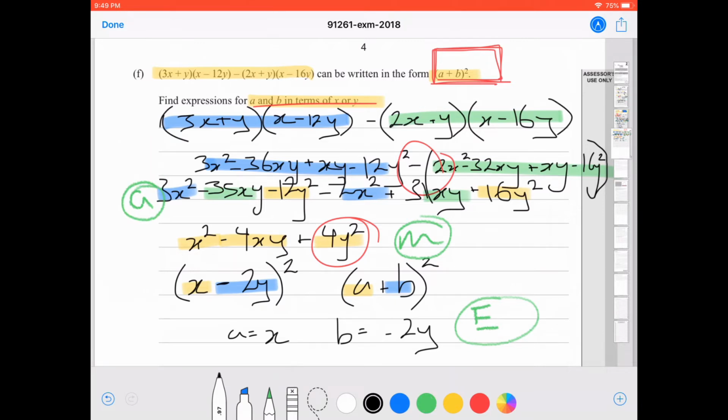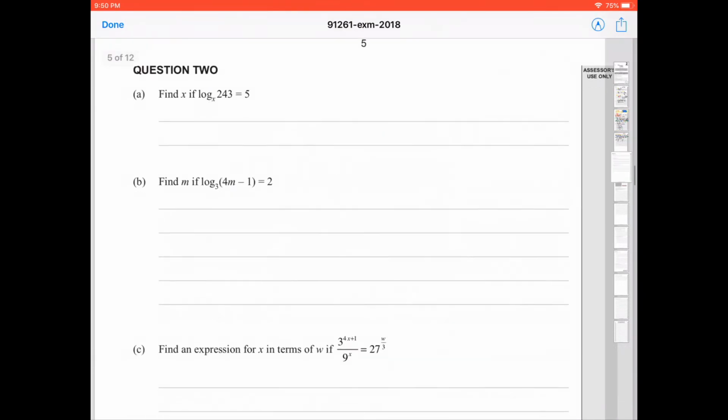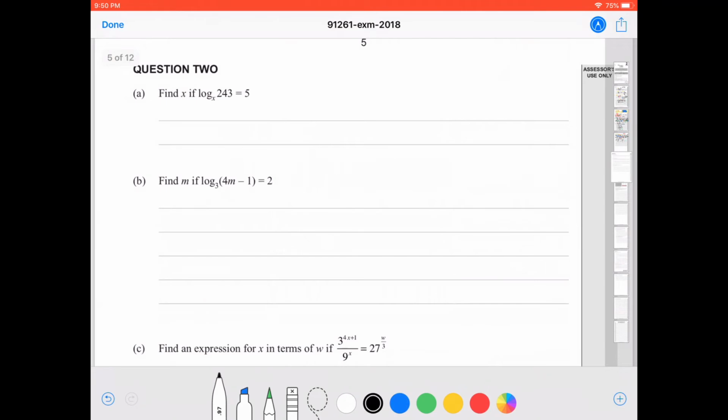Let's move on to question 2 now. So question 2, it says find x if log x 243 equals 5. So this is just a matter of knowing log rules. Log x 243 equals 5.